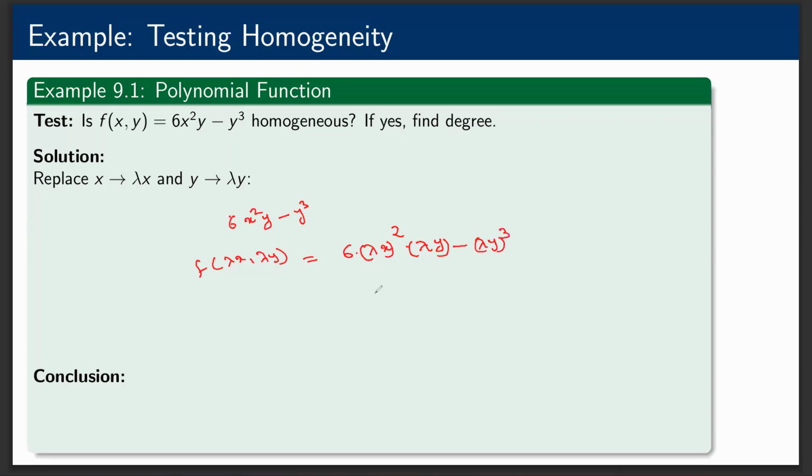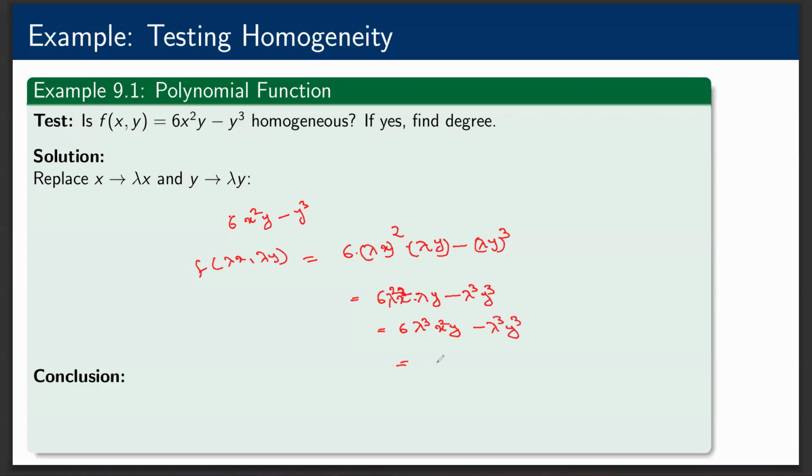So that is equal to 6 lambda square x square into lambda y, minus lambda cube y cube. So that is equal to 6 lambda square and lambda, which becomes lambda cube, into x square y, minus lambda cube y cube.